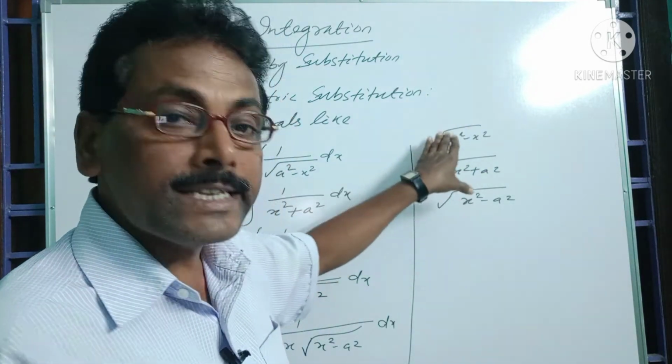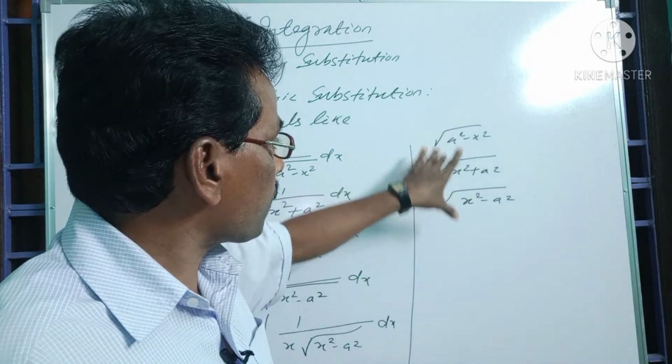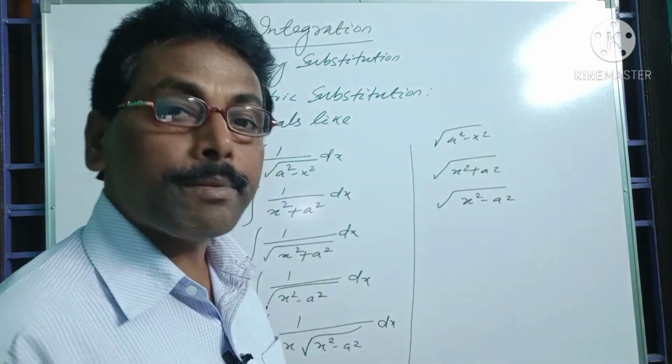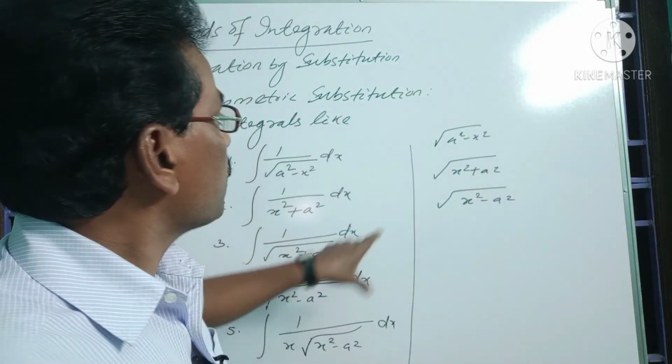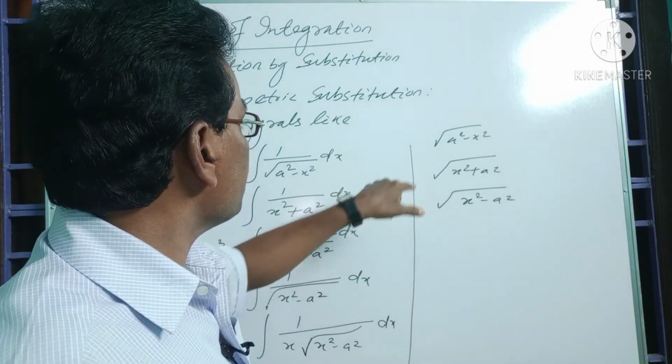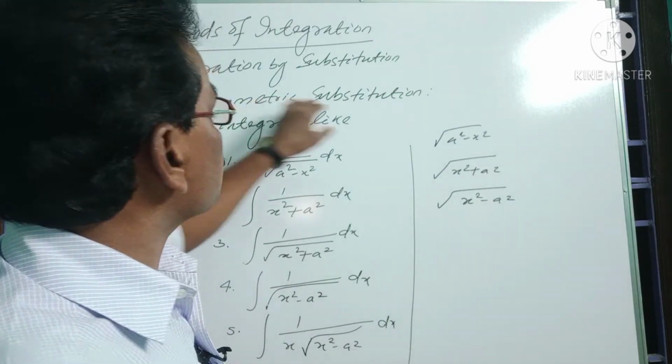These factors are in irrational form. So these irrational forms of integrals cannot be integrated by algebraic substitution. To integrate such integrals containing these factors, they can be integrated only by trigonometric substitution.